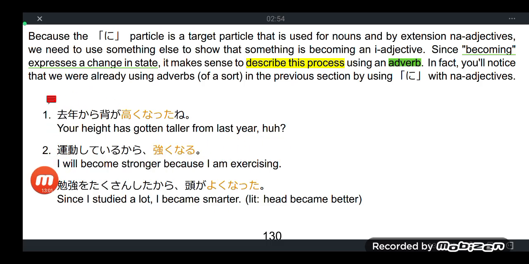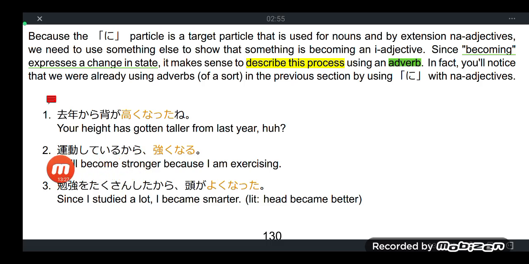So example number 2. 運動しているから強くなる。So the one speaking here is speaking of himself. Since I am doing exercise, kara.